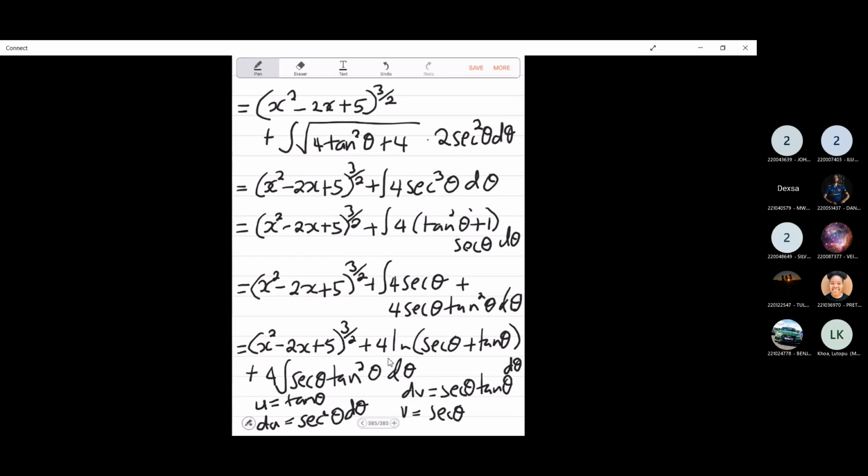Okay, so we are integrating this one over here. And you have to remember where we started over here. We started for sec squared theta.